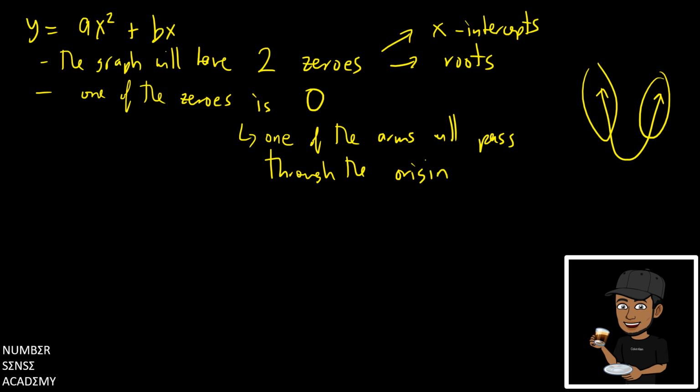Guaranteed. One of the arms will pass through the origin. So it has two zeros with one of them passing through the origin. So let's look at a quick example.